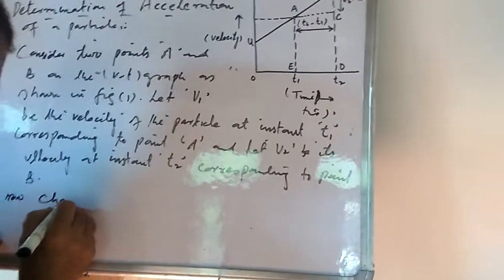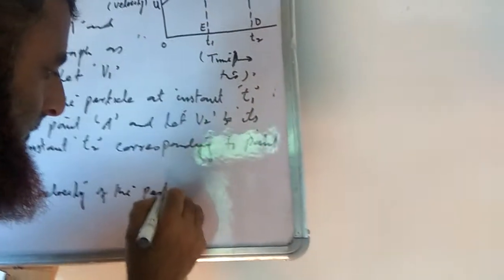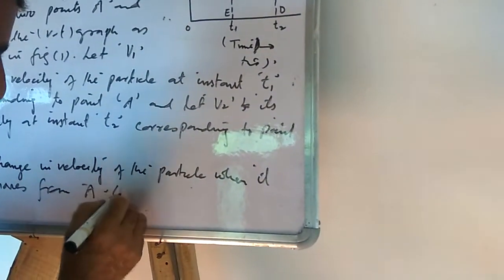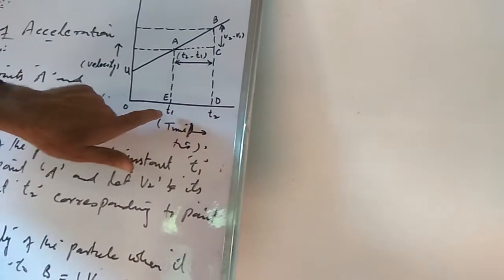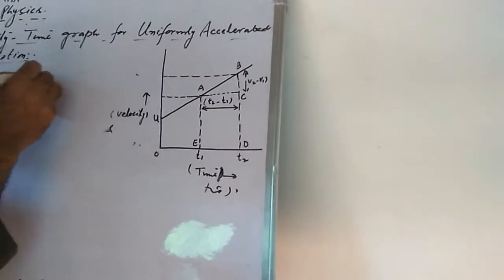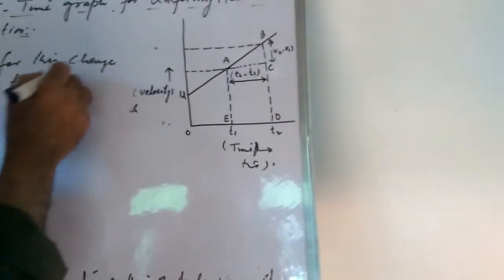Now, the change in velocity of the particle when it moves from A to B is the final velocity minus the initial velocity, that is V2 minus V1. The time taken for this change in velocity is equal to t2 minus t1.